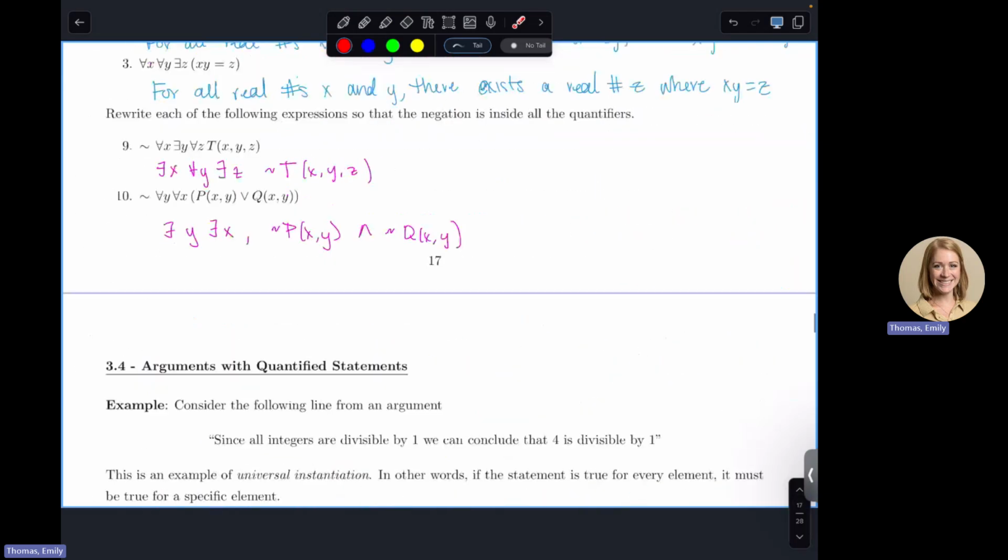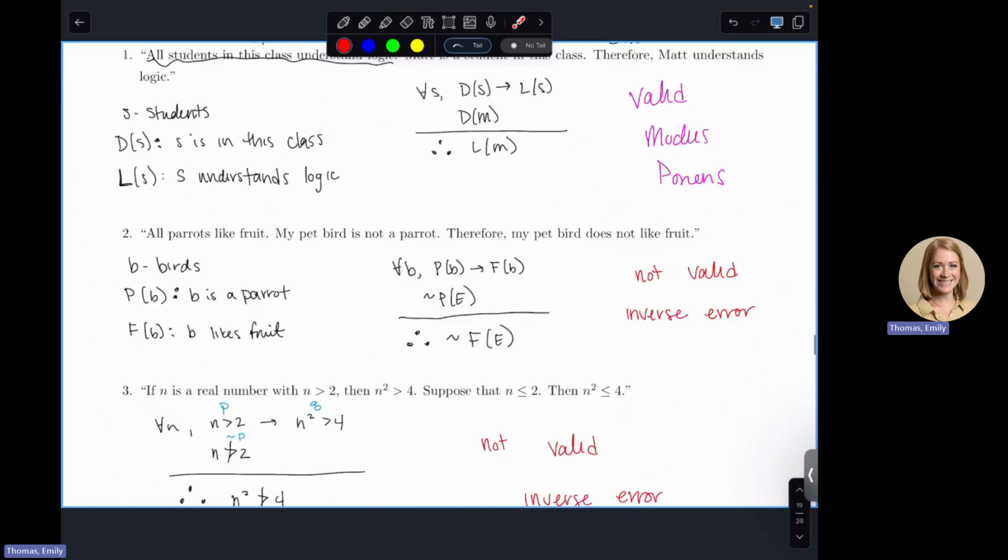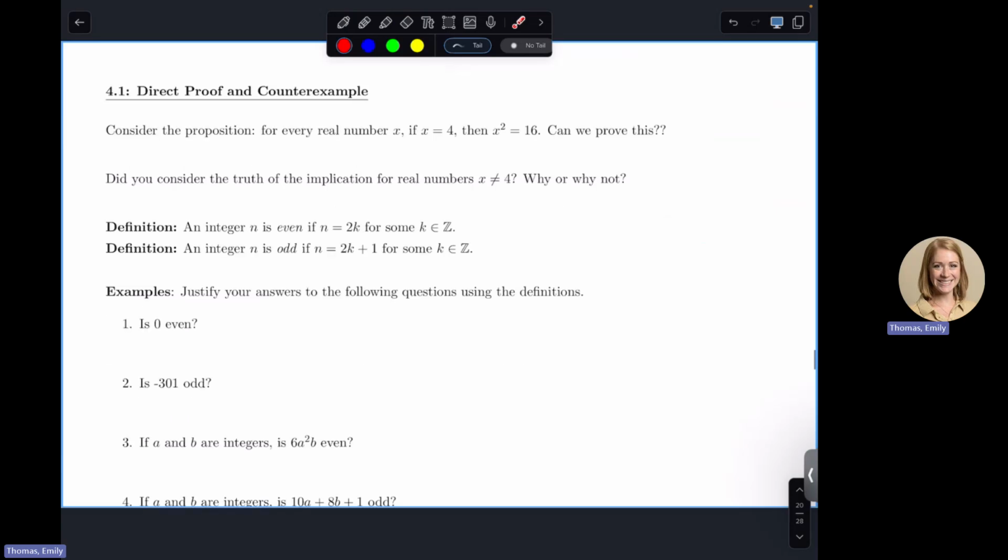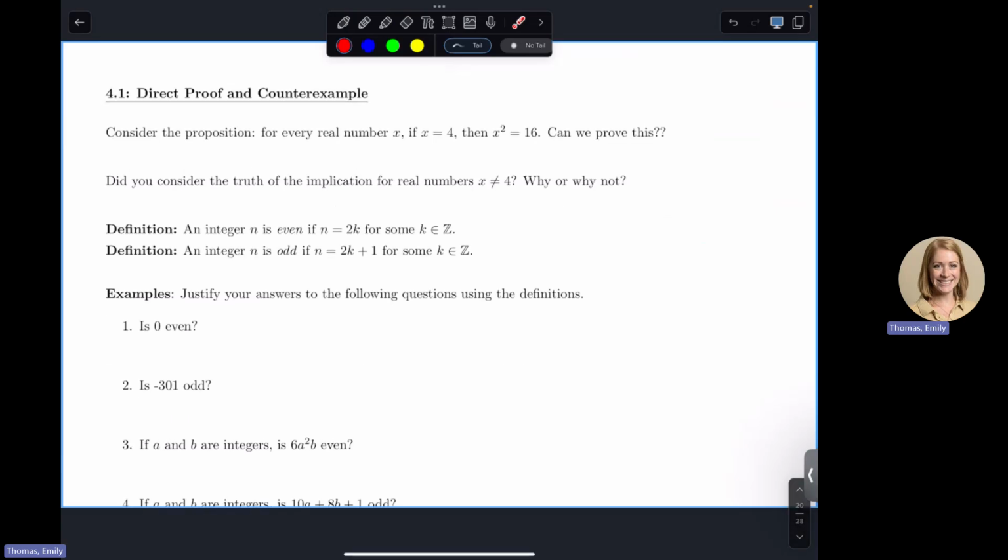So page 20. Consider the proposition: for every real number x, if x equals 4, then x squared equals 16. Can we prove this? Yes, how? Look, 4 times 4 is 16. Way to go, us. Yeah, or that.